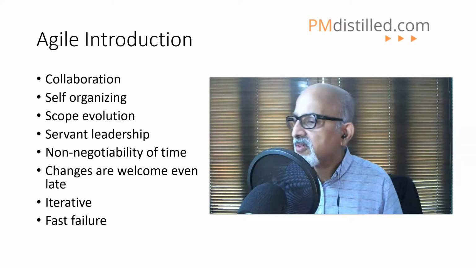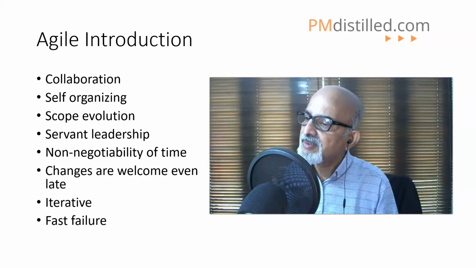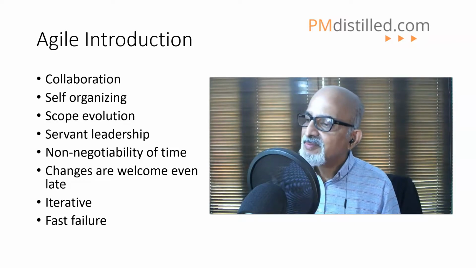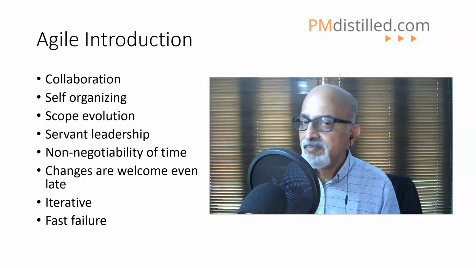So in the Agile world, fast failure is appreciated, or must be appreciated. The team culture should be that. Whereas in the predictive styles, if you say fast failure is good, sometimes people can take it sarcastically, or they don't understand the right spirit behind it.